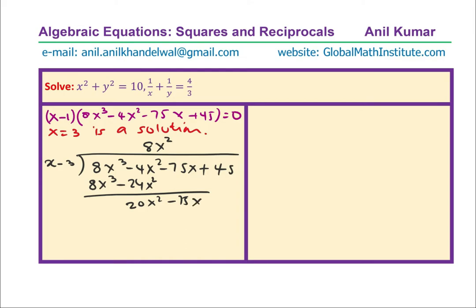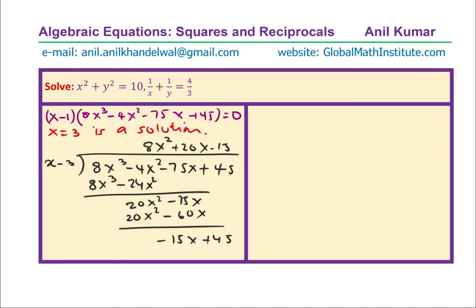So plus 20x, so that is 20x squared minus 60x, and that gives you minus 15x plus 45, and then minus 15 will make that 0.